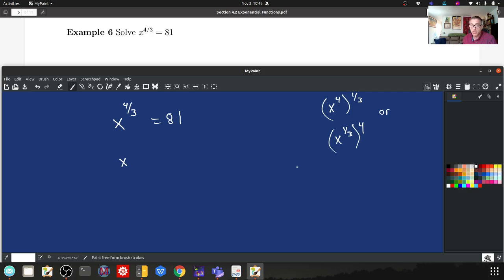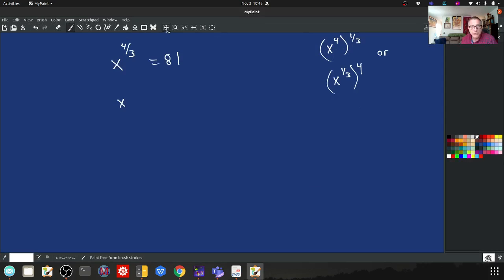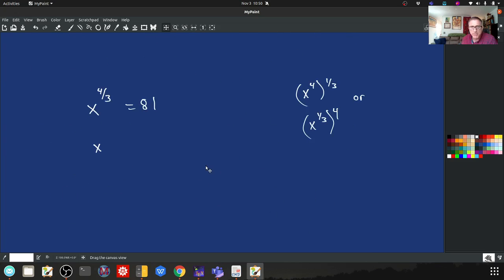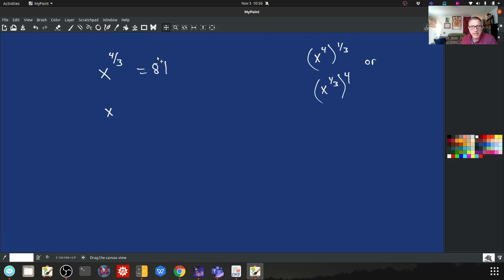Both of those are our options. Why is that equal to x to the 4/3? Because 4 times 1/3 is the same as 1/3 times 4. That follows from that exponential rule that I just mentioned right here.